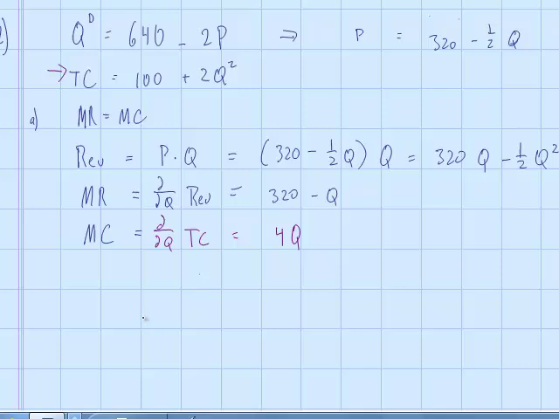Set marginal cost equal to marginal revenue. Marginal cost is equal to 4Q. Set that equal to marginal revenue, which is 320 minus Q. Now just solve. That's the same as 5Q is equal to 320. Q star is going to equal 320 over 5, or 64.